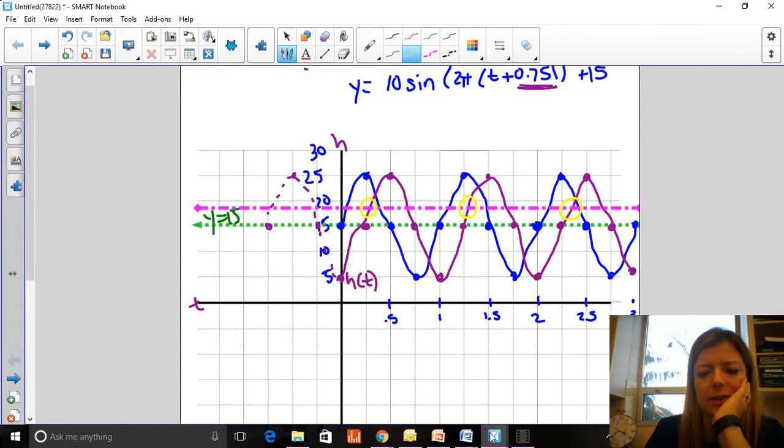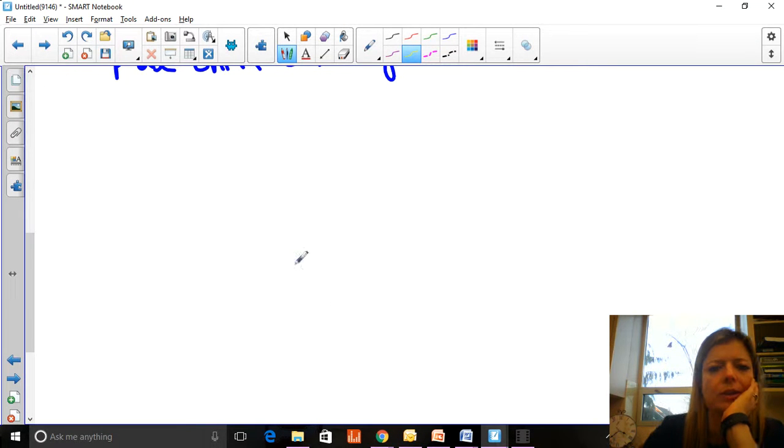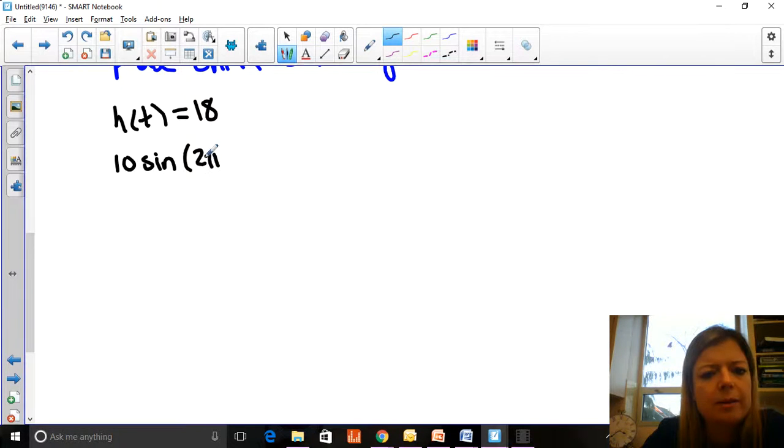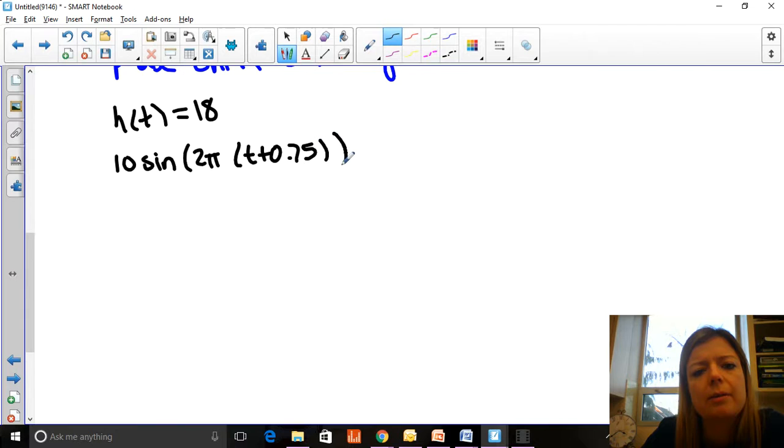And actually doing this, I'll go back to this and we'll do the work here. So we need to take our function h(t) and solve it for when it equals 18. Then interpret the responses so we're only taking the ones that we want. All right, so we take our 10 sin(2π(t + 0.75)) + 15, and we want to know when that equals 18.